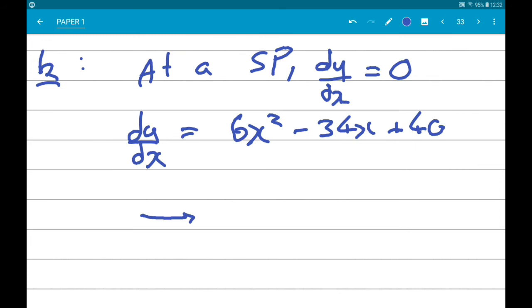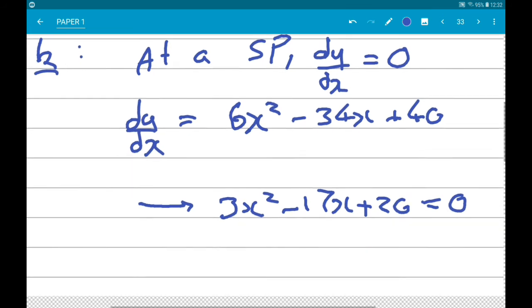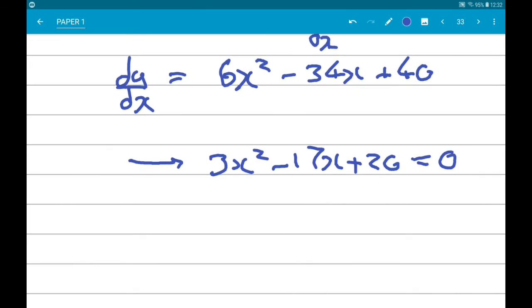So we get 3x squared minus 17x plus 20 is equal to 0. Factorise that, we're going to get 3x and an x.